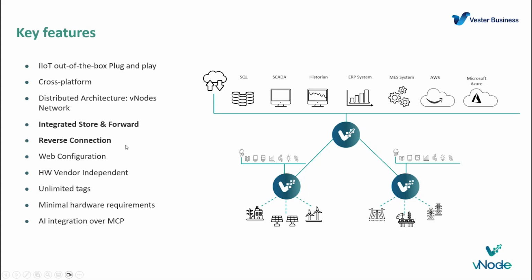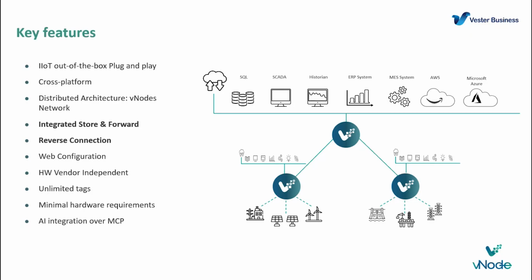We have a couple of real differentiators that fit different environments and projects, such as the integrated store and forward solution. That means you will never lose data that you are publishing up to a third-party application, because vNode has its own buffer.